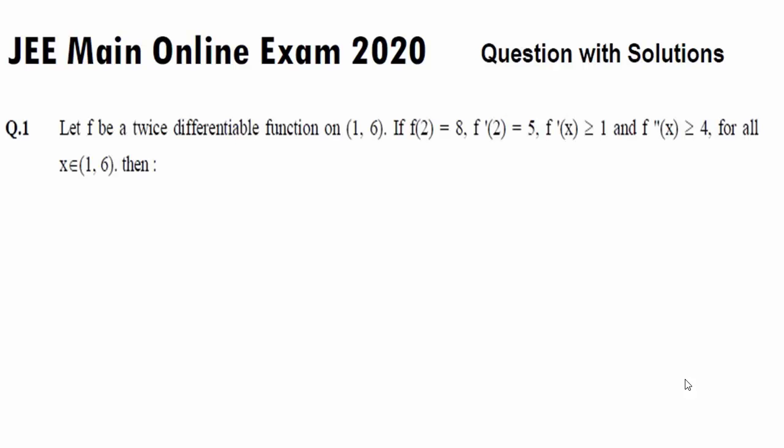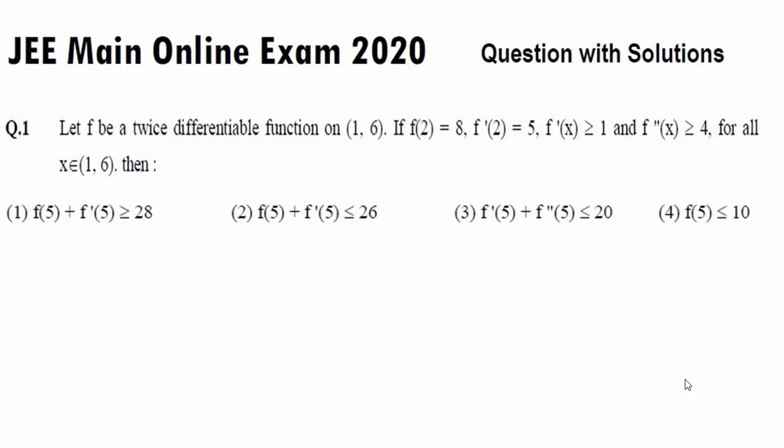First question. Let f be a twice differentiable function on (1, 6). If f(2) = 8, f'(2) = 5, f'(x) ≥ 1 and f''(x) ≥ 4 for all x belonging to the open interval (1, 6), then the options are: f(5) + f'(5) ≥ 28.